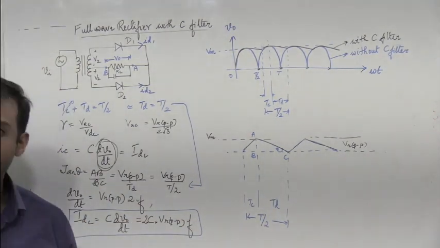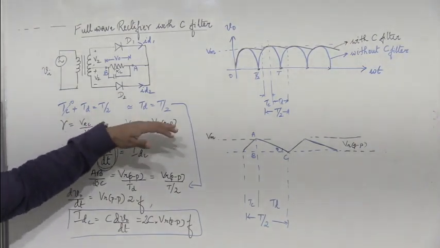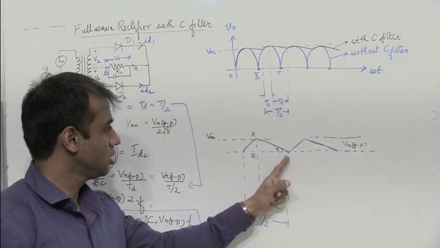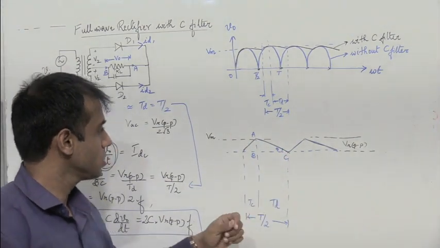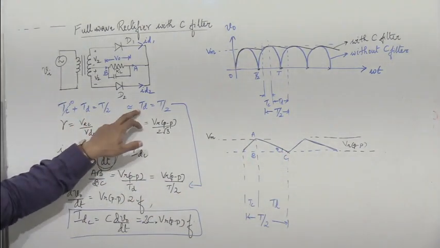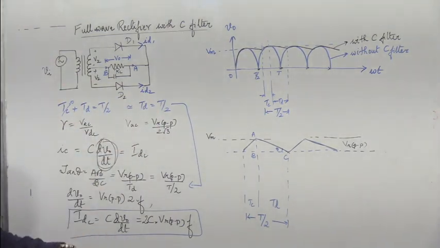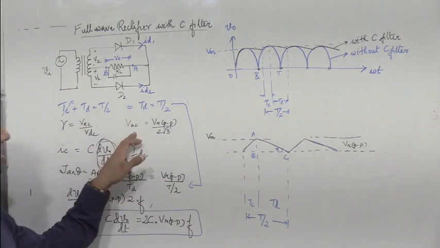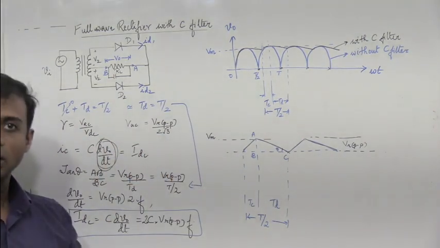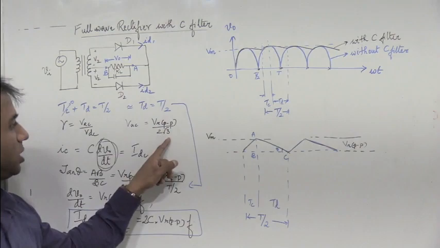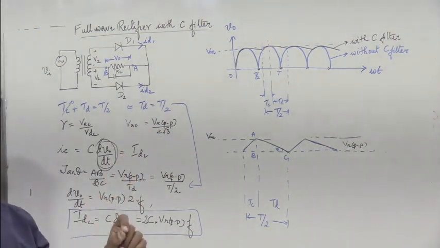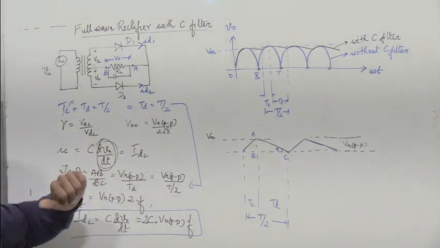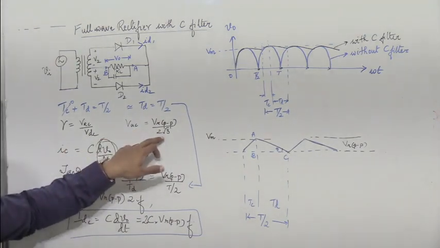Right? So how do we start? We first of all approximate this to be a triangular waveform. So consider a right angle triangle here and approximate TD equal to T by 2. So gamma equals VAC by VDC. VAC for a triangular waveform is known to be VR peak to peak by 2 root 3. This value is assumed, so we don't go for deriving it.